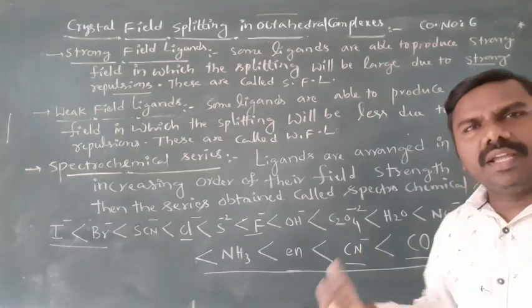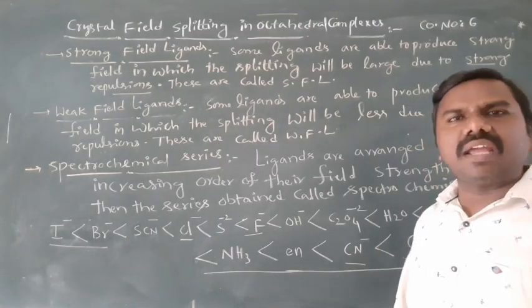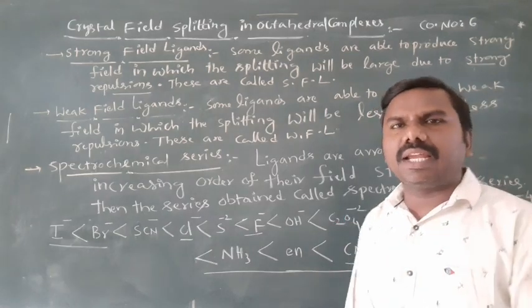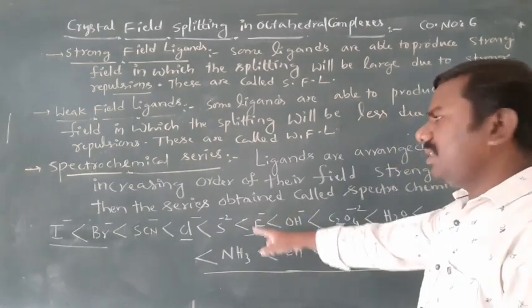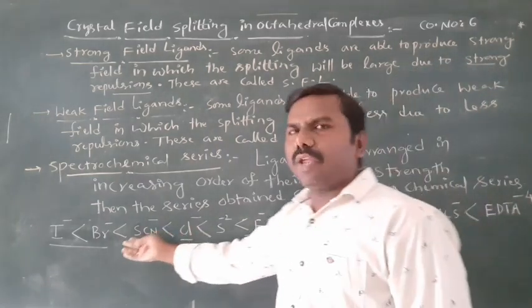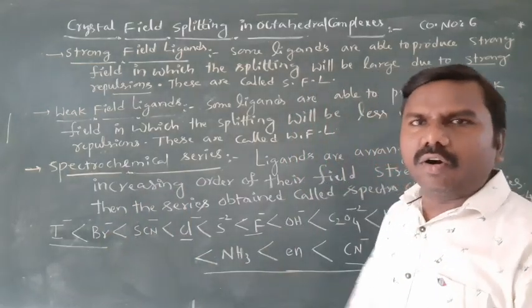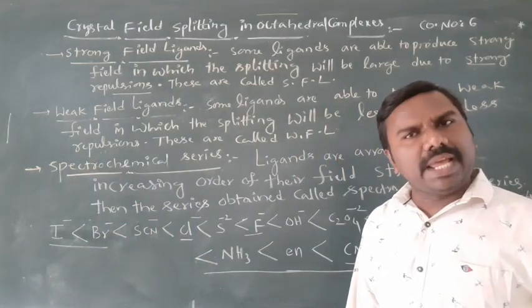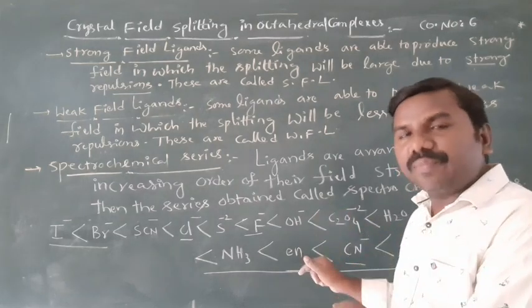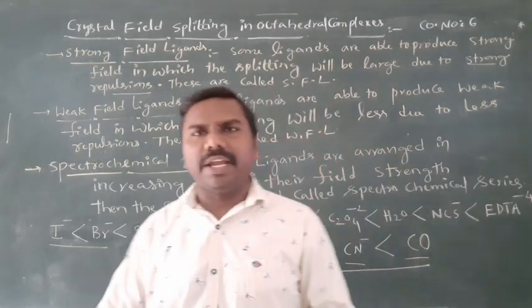In VBT, I gave you examples: CO, NH3, en, CN minus as strong field ligands, because in the series these are on the right side in the increasing order, and iodine, bromine, fluorine are on the left side. So from this they decided whether it is a strong field ligand or a weak field ligand.